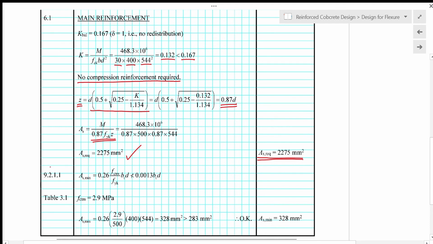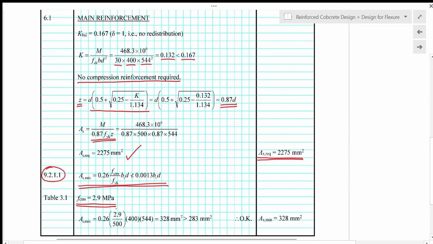And then when we refer to clause 9.2.1.1 in Eurocode 2, As,min is given by this equation there. And then for concrete characteristic strength of 30 megapascal, the concrete tensile strength is 2.9 megapascal.